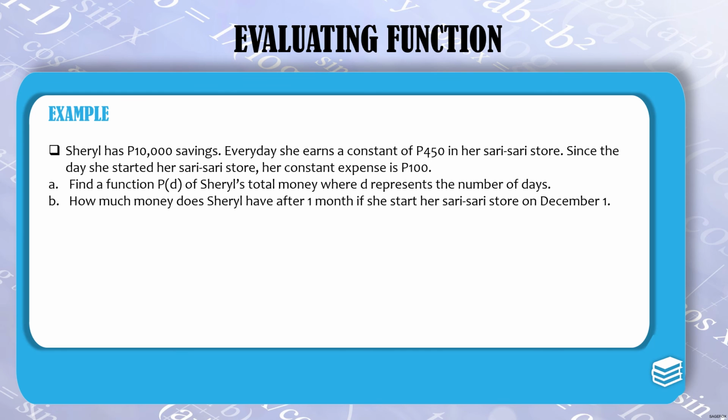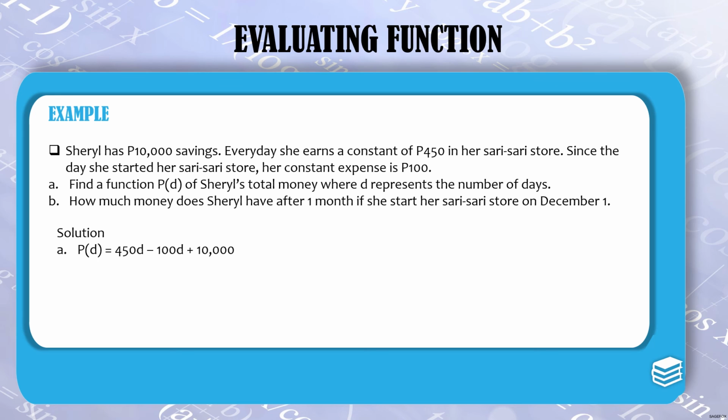So, let us create a function, equation that will represent kung magkano yung pera ni Cheryl. Kung may 10,000 siya na pera, tapos 450 ang kita niya everyday, nababawasan din ang kanyang pera everyday, that is 100 pesos din. So, we have this solution.